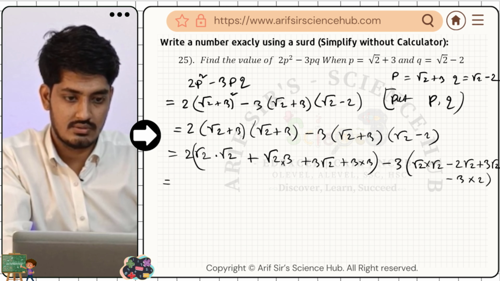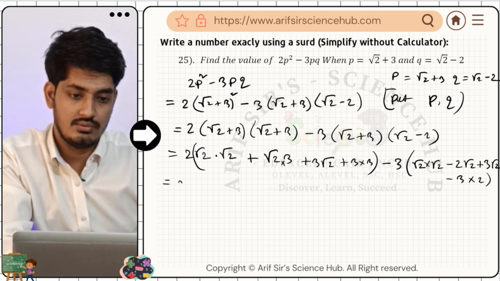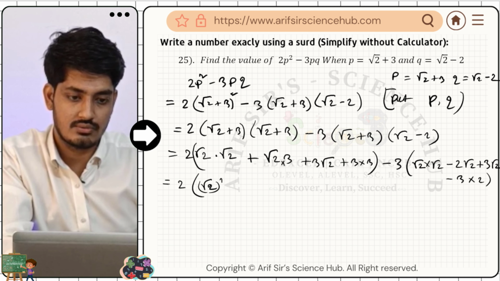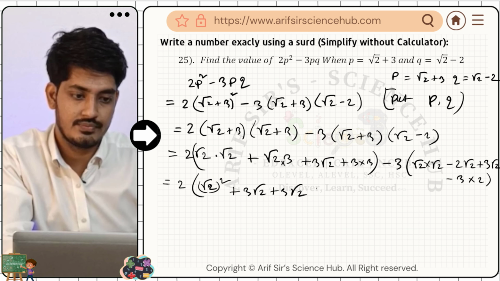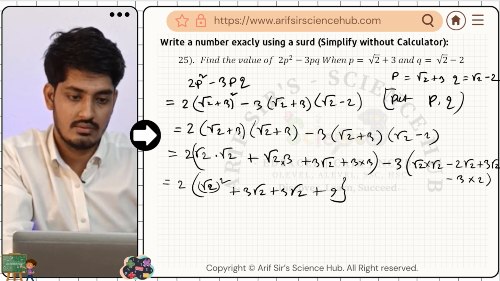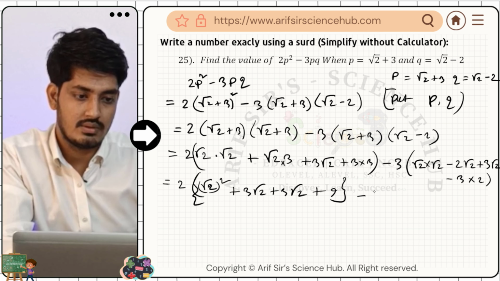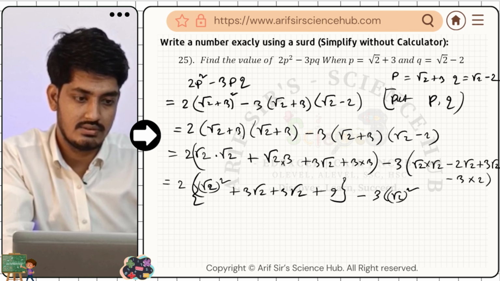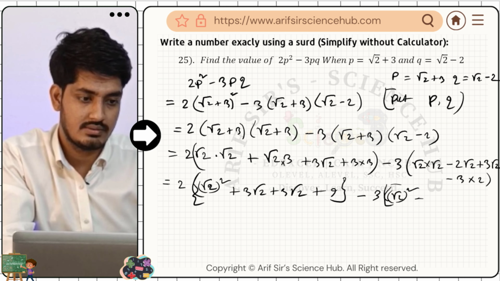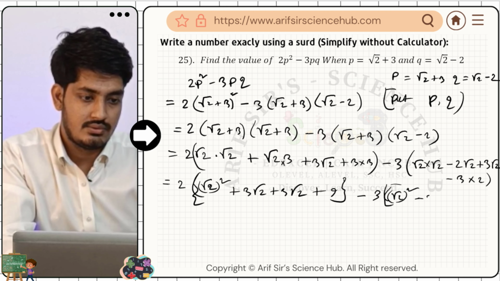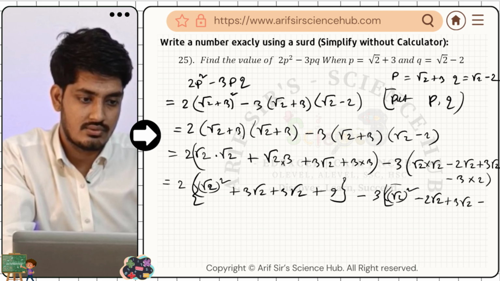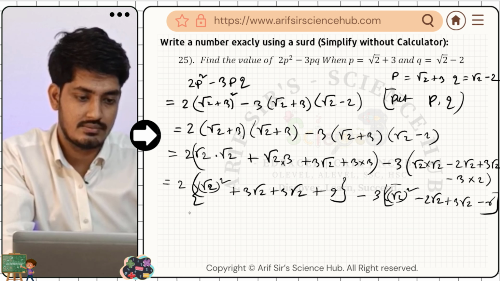So now we can solve this equation. If we make the square root 2 square, plus 3 square root 2 plus 3 square root 2 plus 3 into 3 is equal to 9. Then minus, we can simply write square root 2 square. Okay, we can make a bracket, minus 2 square root 2 plus 3 square root 2 minus 3 into 2, that means 6.